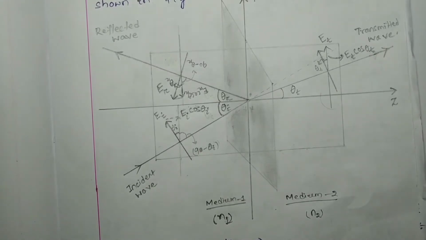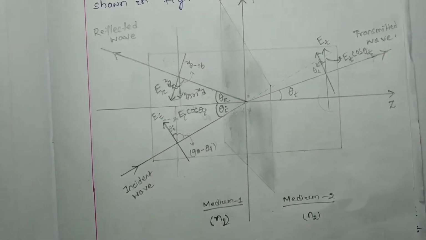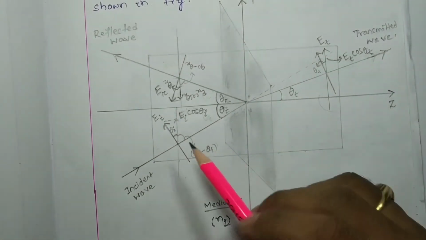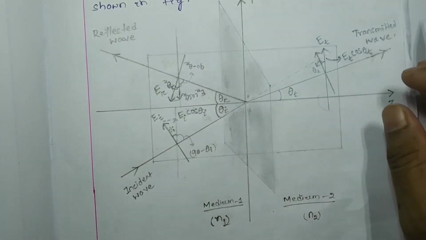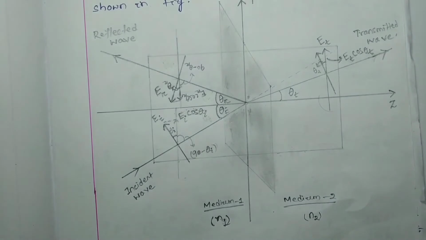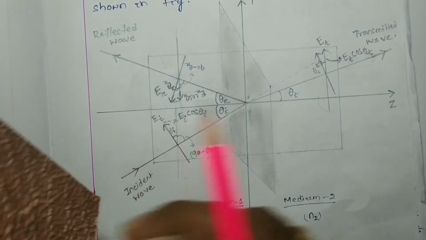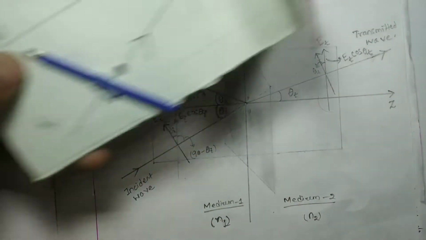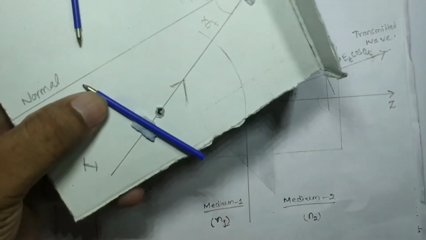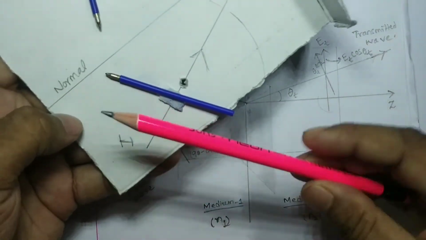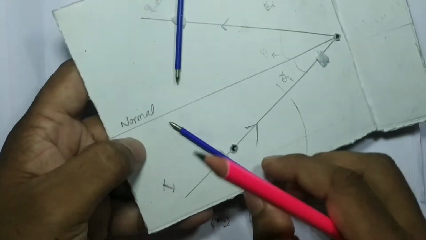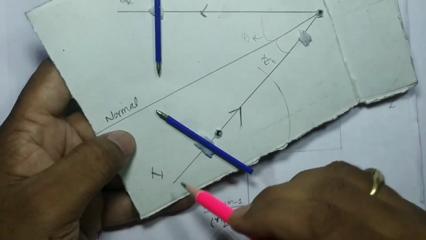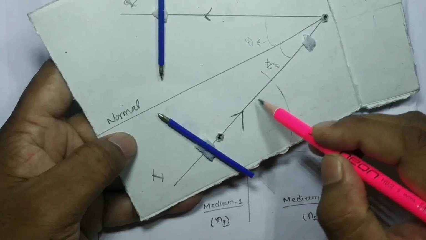So this is the figure. Here you can find how the cos theta component will be tangential to this interface. Carefully you have to watch. One thing I forgot to say: whenever an electric component is incident on this interface, this component will be perpendicular to the line of incidence.